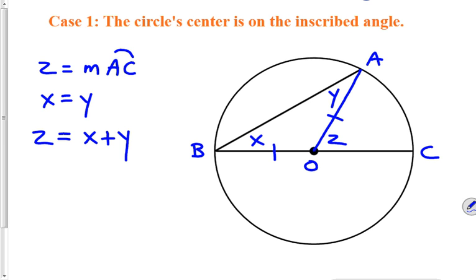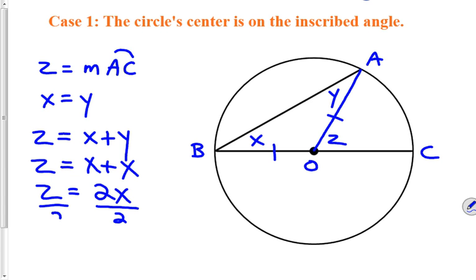Since X is equal to Y and Z equals X plus Y, we can substitute X in for Y and say Z equals X plus X. Then we can combine like terms. Z equals 2X. Then we can solve for X by dividing both sides of this by 2.